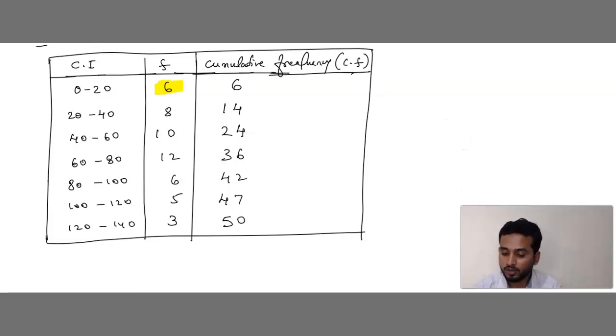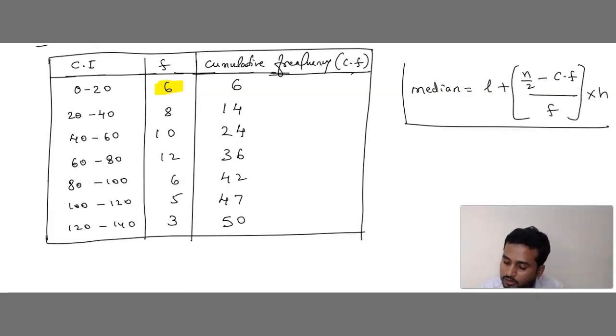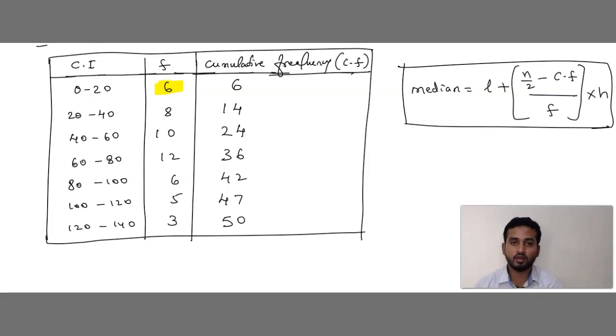Now we write the formula. To find median, we have the formula: L plus n by 2 minus cumulative frequency by frequency into H. Is this correct? This is our formula. Now observe here.